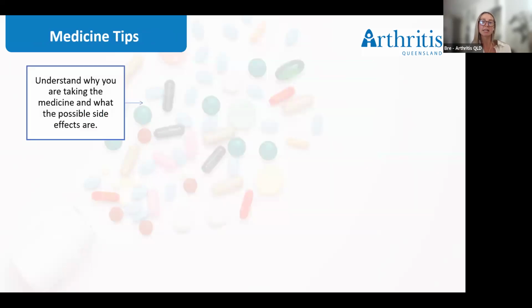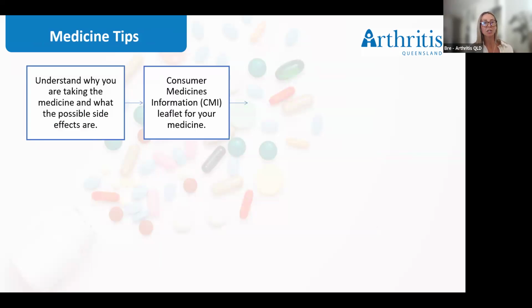And finally, some tips. It's really important to understand why you're taking the medicine and what the possible side effects are. You can actually ask your pharmacist for the consumer medicines information leaflet for that particular medicine, so you can do your own reading about it and it will go through a lot more information.